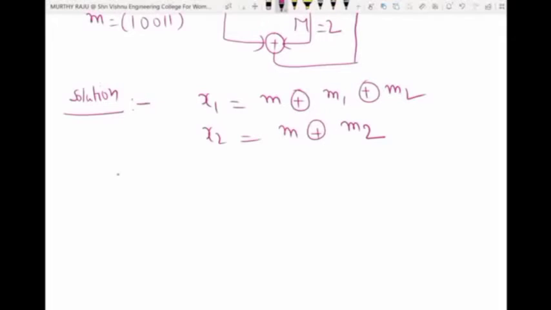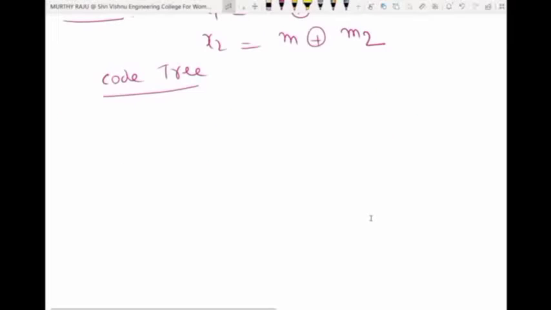First, we have to draw the code tree and then analyze the trellis structure. First of all, we have to frame the state transition table.